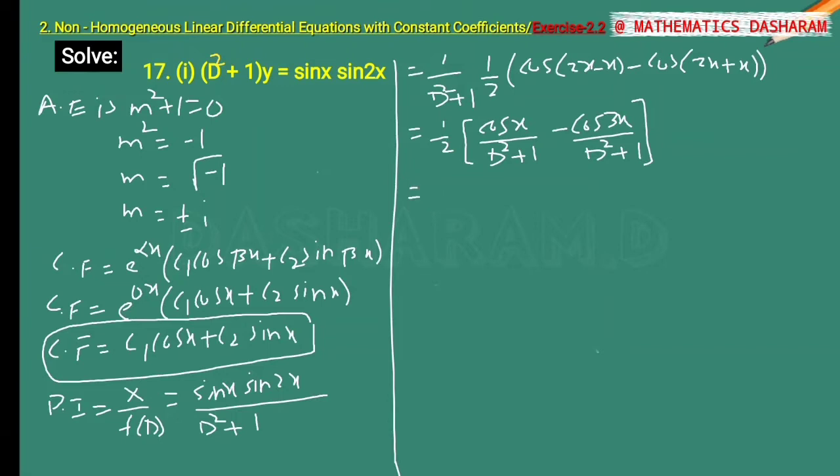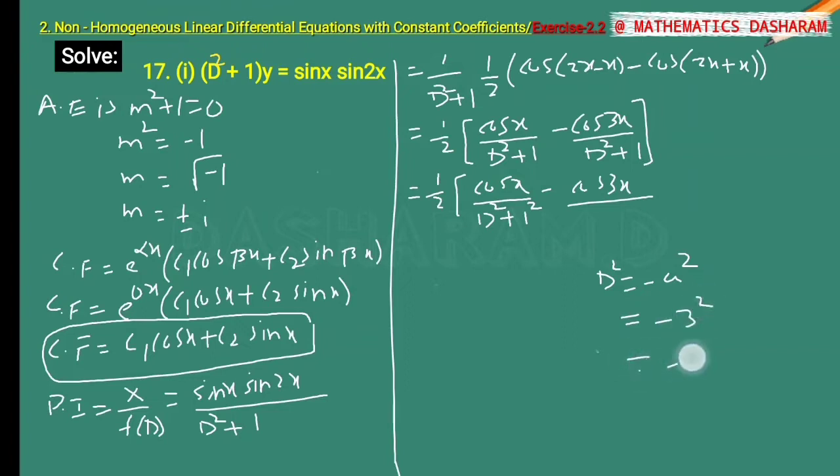So it is equal to 1/2 [here cos x by D² + 1 can be written as a², minus cos 3x by, here substitute D² = -a², so the a value is 3, so -9, so -9 + 1].